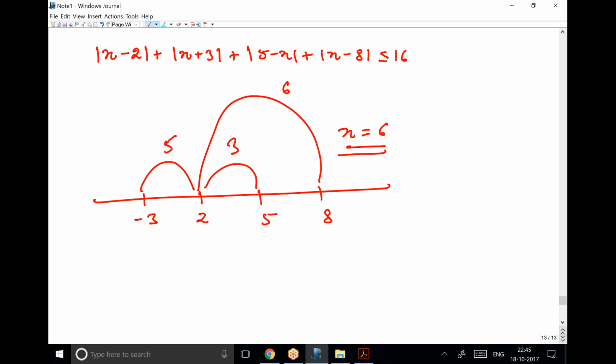So it comes out to be 14. So 14 is there definitely. So we have to increase the number by 2 only. That means we have to go towards the left-hand side.